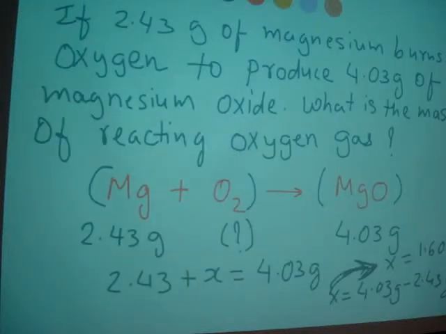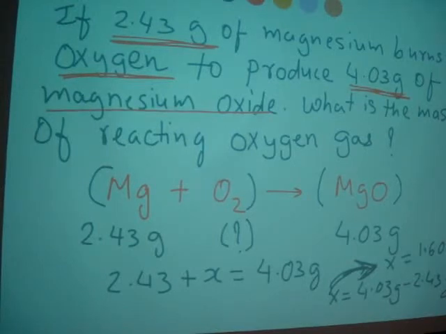Alright, if 2.43 grams of magnesium burns in the presence of oxygen to produce 4.03 grams of magnesium oxide, what is the mass of the reacting oxygen? When you write the chemical equation, magnesium reacts with oxygen to give MgO, magnesium oxide.